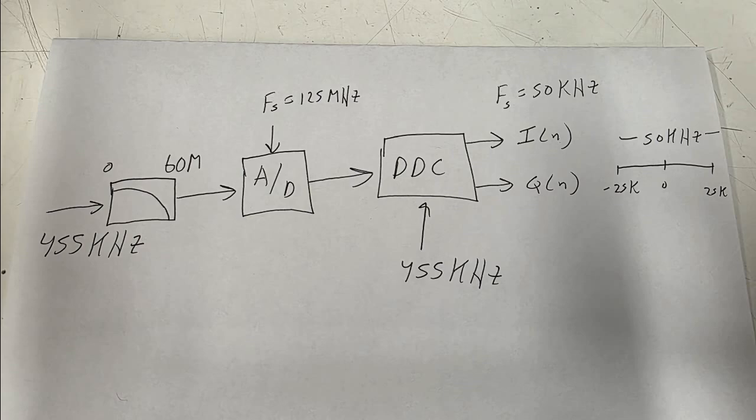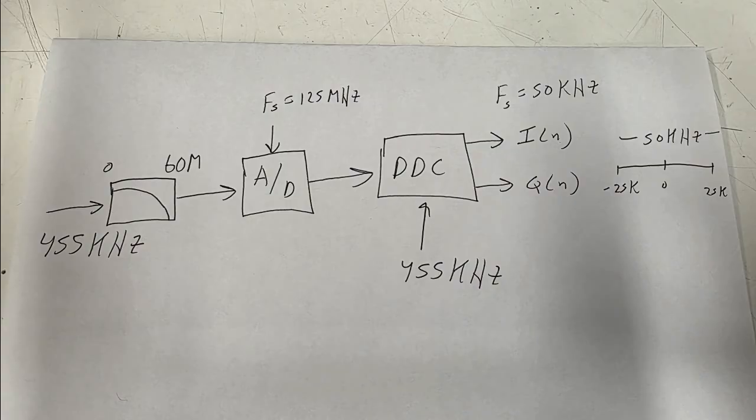So that's a lot of processing on the firmware just to get some small bandwidth. And our question today is, could we come up with a scheme that uses a much lower sample rate than 125 megahertz? And that's what is typically called IF subsampling.